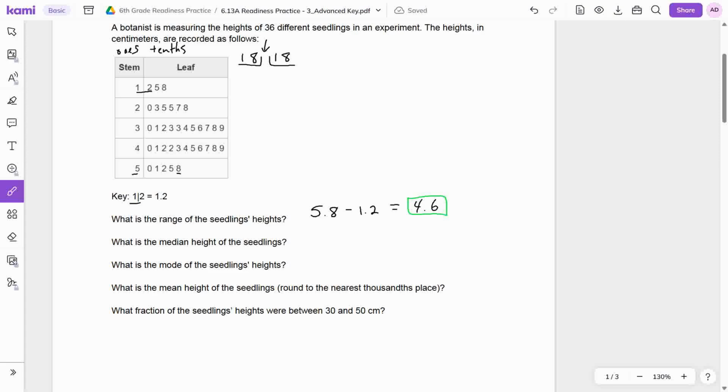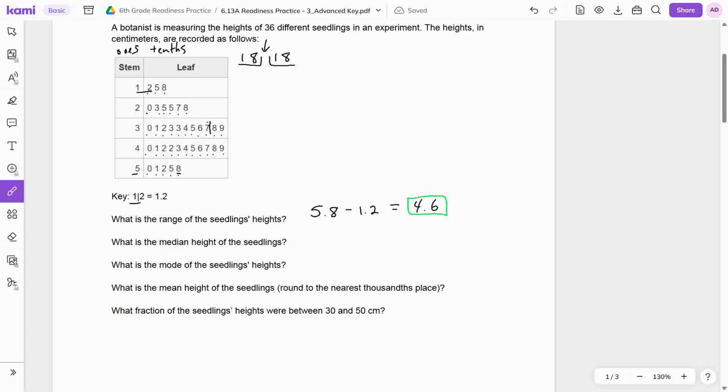Okay, so if I count up from 18, 1, 2, 3, 4, 5, 6, 7, 8, 9, 10, 11, 12, 13, 14, 15, 16, 17, 18. So right there. And if I would count it down, I would get to 18 on that 8. 1, 2, 3, 4, 5, 6, 7, 8, 9, 10, 11, 12, 13, 14, 15, 16, 17, 18.